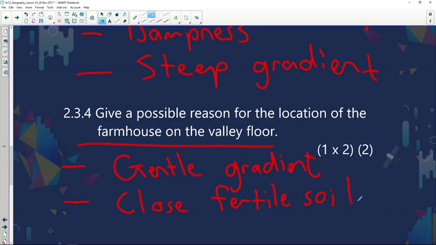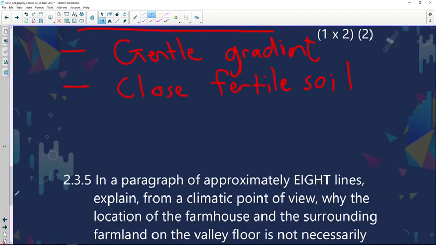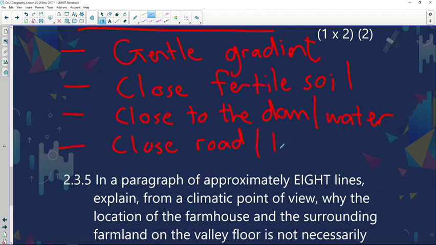We can also mention it's close to the dam for water, and also close to the roads for transport access. You could have mentioned any of them and your answer would have been correct.